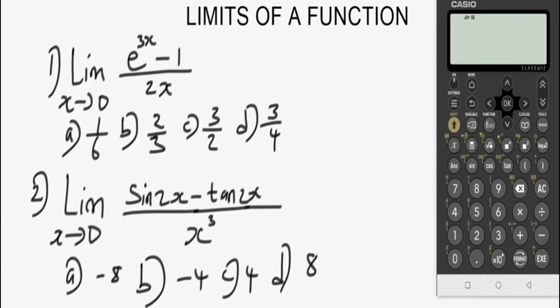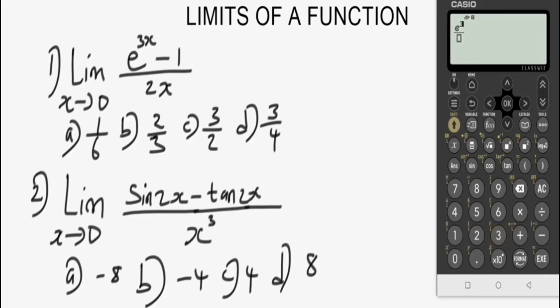So x has been stored as 1 times 10 to the power negative 3. We can now use it to simplify this limit of a function we have. It's in fraction, so you make use of this fraction button. We have exponential to the power 3x. To bring out the exponential, you press shift and this button 8. To make use of the power function, press this button once. Okay, we have 3x.